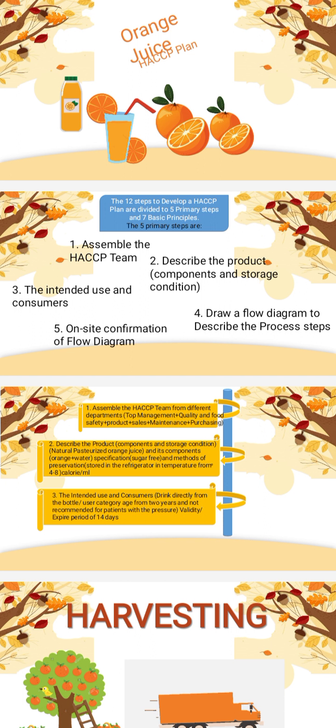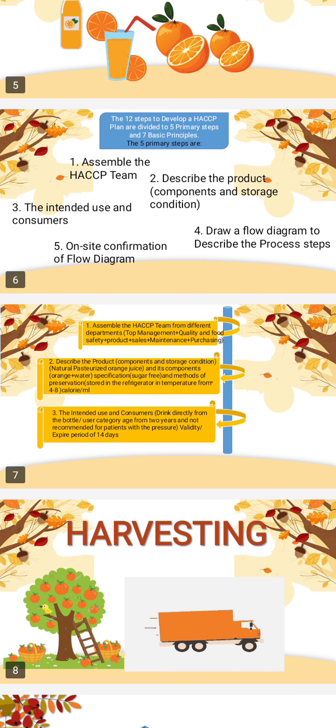This is an example. We also mention how many calories per milliliter are in the bottle of the orange juice. Number 3, the intended use and consumer. For the intended use, we can mention that we can drink directly from the bottle. The user category, for example, from age 2 years old, and not recommended for patients with high blood pressure.